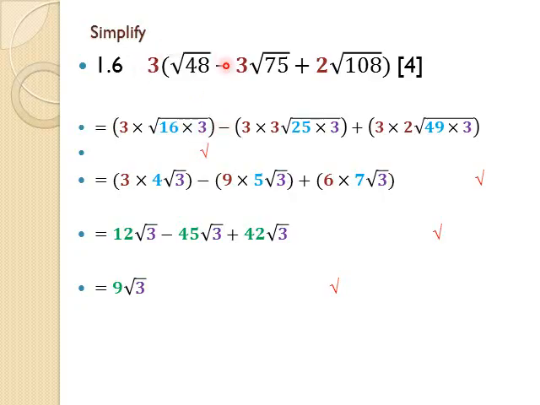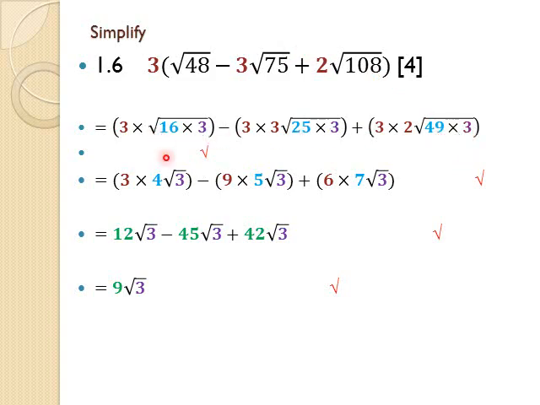Minus 3 times, or positive times negative, gives me negative, 3 times 3, and 75 can be written as 25 times 3, 25 being the perfect square. Then I have positive times positive, which is positive, 3 times 2, and 49 would be the square root of 49 times 3.